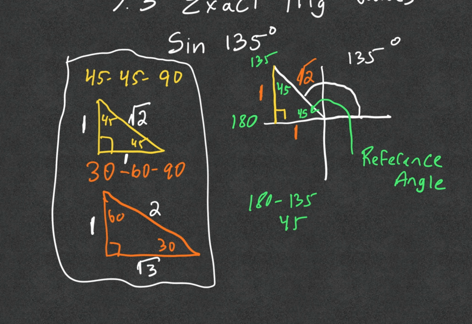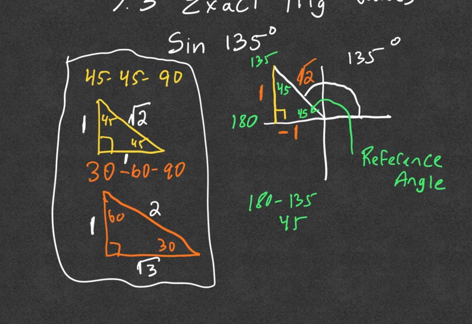Now, one more thing you've got to think about is, if I go to the left from the origin, is that a positive or negative x value? If I go this way, it's negative, right? So this is actually going to be a negative 1 because I'm going to the left with my triangle.